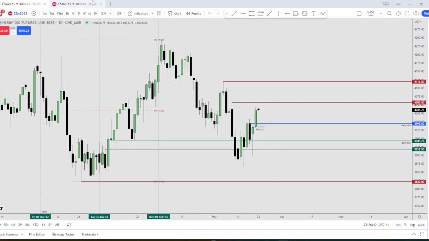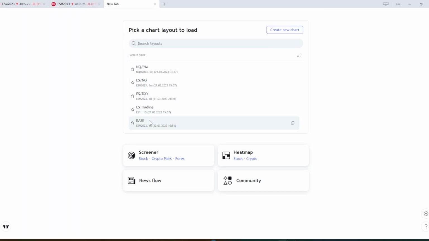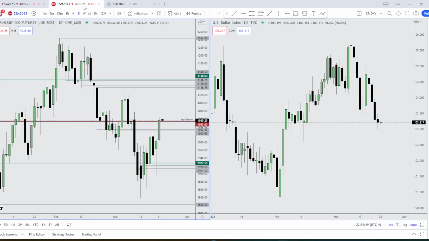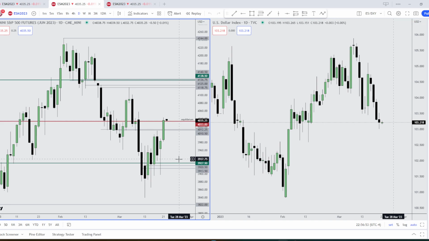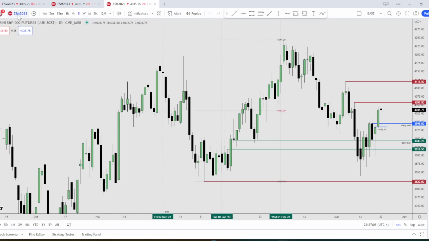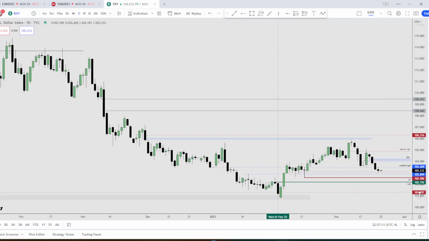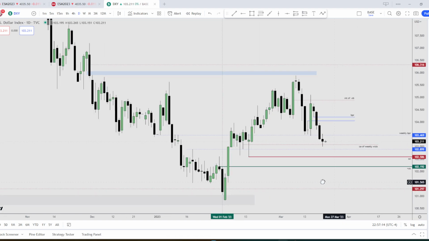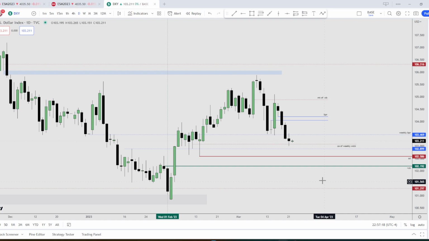Right, so moving on to DXY. Okay, so from this swing high to this low right here, 50% is right here.